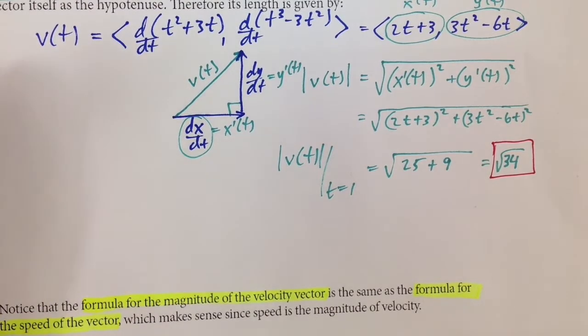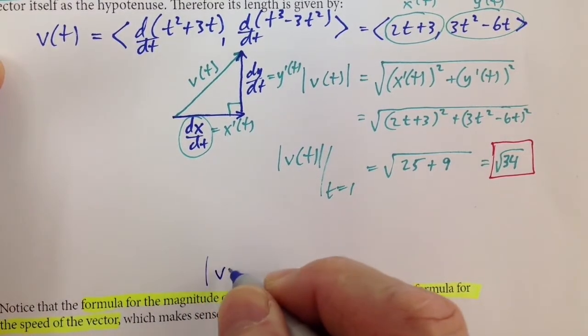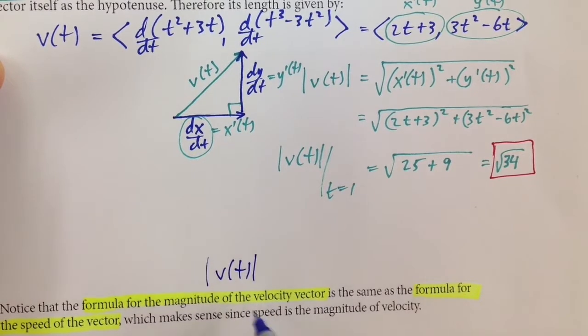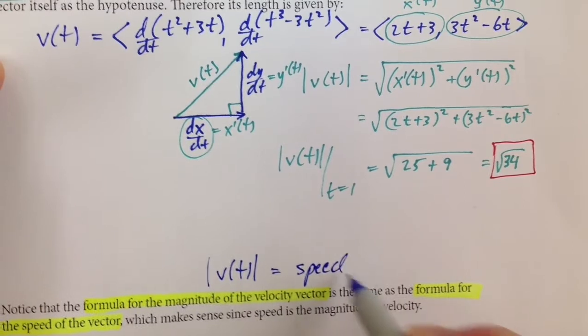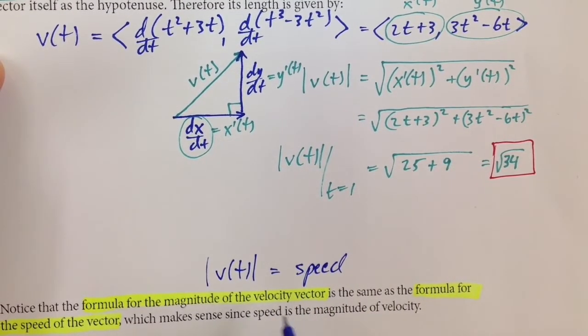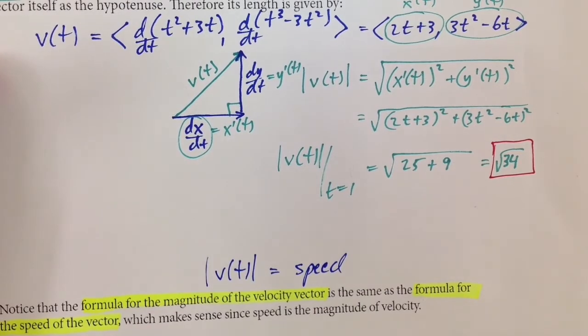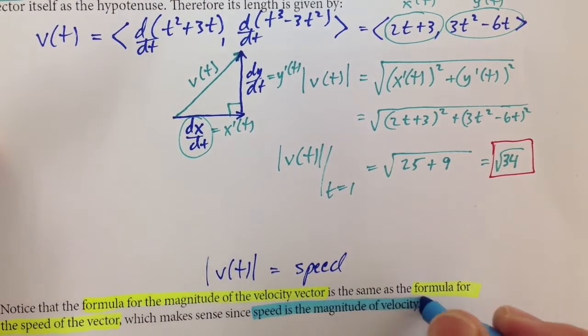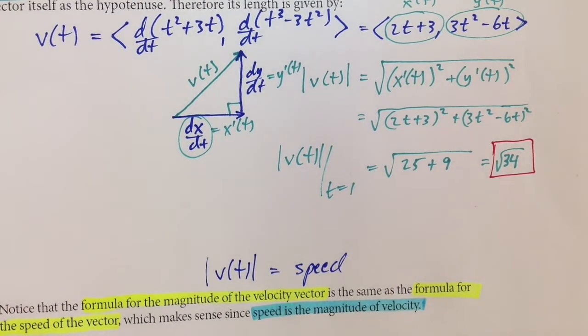The formula for the length of the velocity vector is the same as the speed of the vector, which makes sense because the speed is the magnitude of the velocity. So it's the same stuff you learned way back when. Speed is the magnitude of velocity. It remains the same concept even when we're dealing with vector-valued functions. So that is really cool.